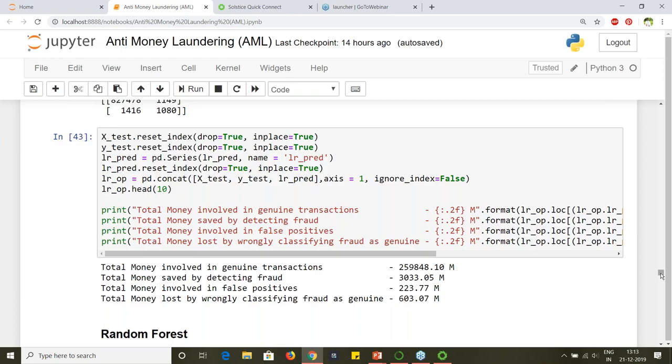Suppose the probability of classifying a sample as positive is 0.6. Then the probability of classifying it as negative is 1 minus 0.6, which is 0.4.